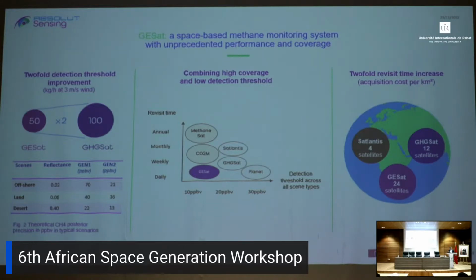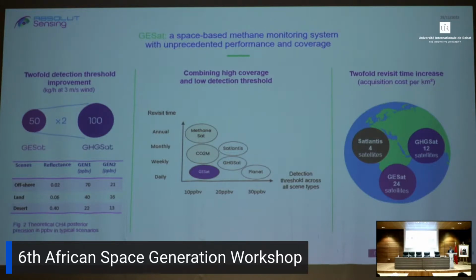And so if you're looking, for example, in the water, you're essentially staring into the abyss and you're not seeing much. So we've been able to develop both on the hardware and the software side solutions so that our detection threshold is the same in a land type of albedo scene as it would be on an offshore platform, a maritime scene, which is extremely important because in oil and gas, the vast majority of sites where emissions are happening are actually offshore.